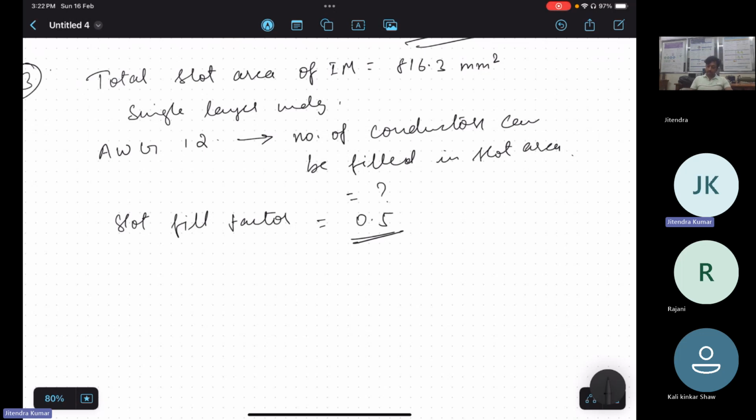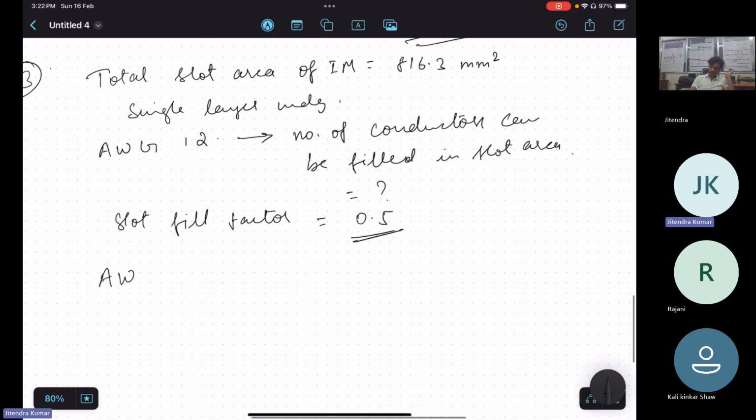And also, if you have access to the data sheet, you can also Google it. I am giving you the area and dimension for AWG 12.